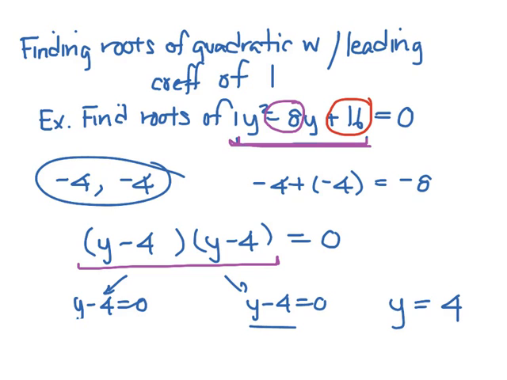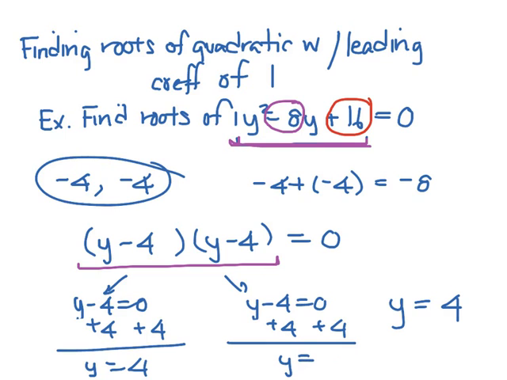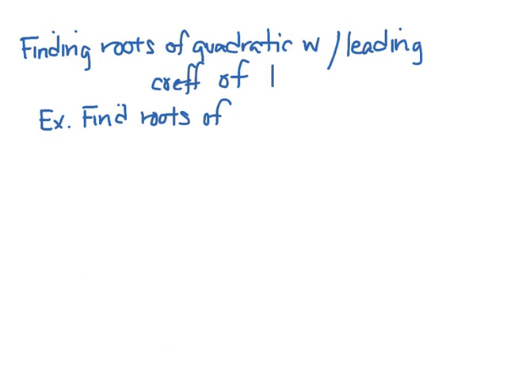Again, if you remember, I add 4 to both sides and I get y equals 4, right? Same thing for this one here: y minus 4 plus 4, y equals positive 4. So y equals 4 is my only solution, or in this case, the only root.